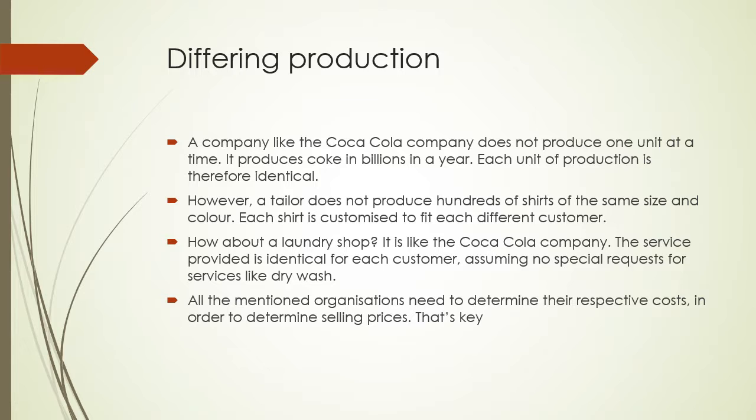It produces Coke in billions of bottles or cans in a year. Now each unit of production is therefore identical. Every liter of Coke would be exactly the same in terms of raw material and in terms of conversion cost. And every liter of Coke would also be processed using the same methodology.